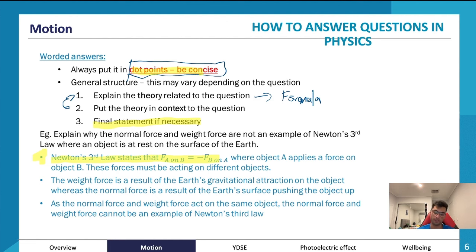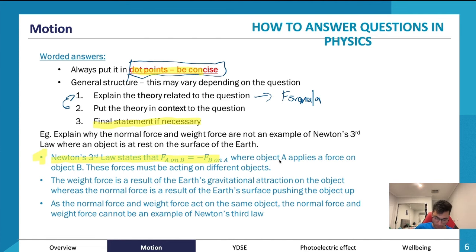You just put all of Newton's laws in there. It's better to have it on your cheat sheet than to rely on your memory. So this answer explains Newton's third law, explains how the force of A on B is equal to the force of B on A.